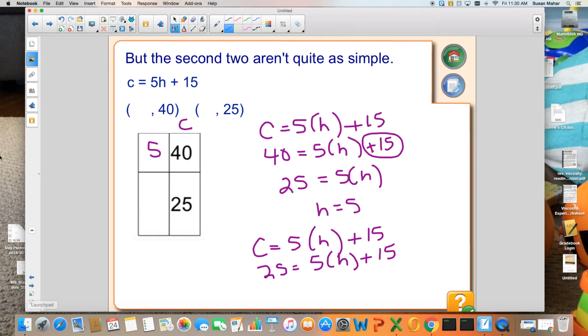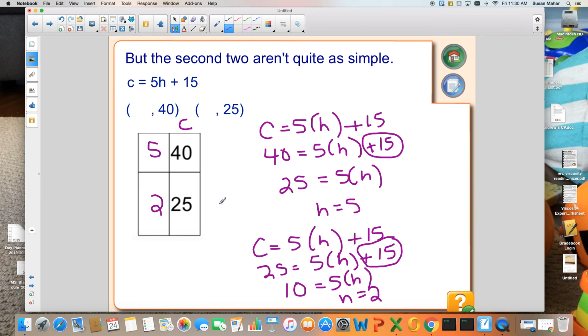Well, let's get rid of that 15 again. We don't need it there. It just makes things challenging. So we'll get rid of it on this side by taking it away. We'll take away 15 over here, and we know we've got 10 is equal to 5 times the number of hours. And we know that 5 times 2 is 10, so H is equal to 2.